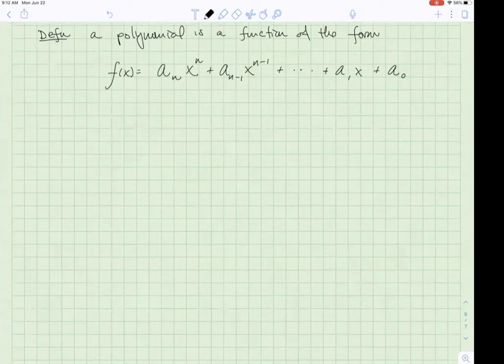So this is the formal definition of a polynomial, and if that looks crazy with all the notation, don't worry about it too much. You're not going to be dealing with any polynomials generically in this form.